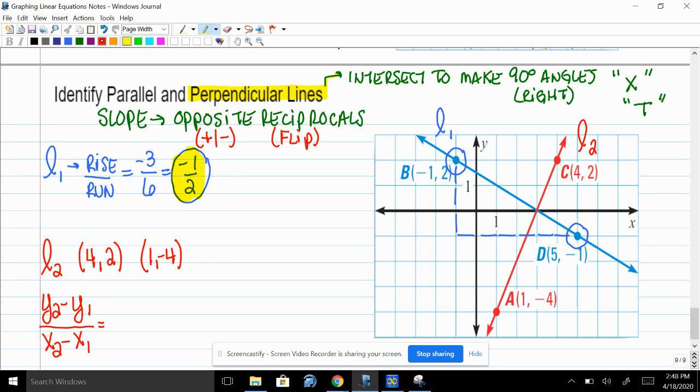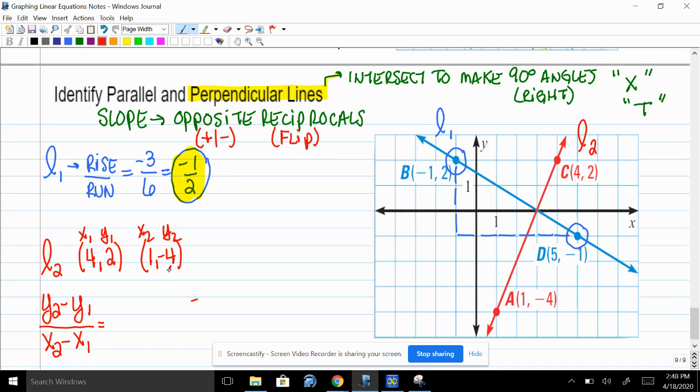Okay. Then I look at my red line, which I decided to call L2. And I'm going to do the formula for this one just to practice the formula, just to get some extra reinforcement of the slope formula. So you got these points here. There we go. Okay. So this would be your x1, y1, x2, y2.